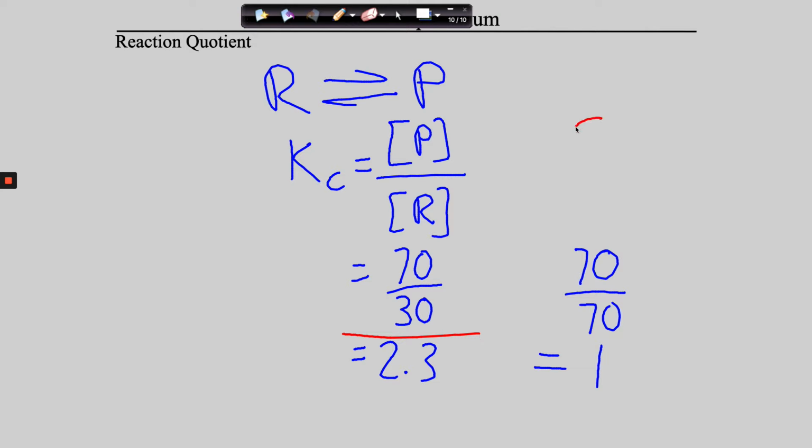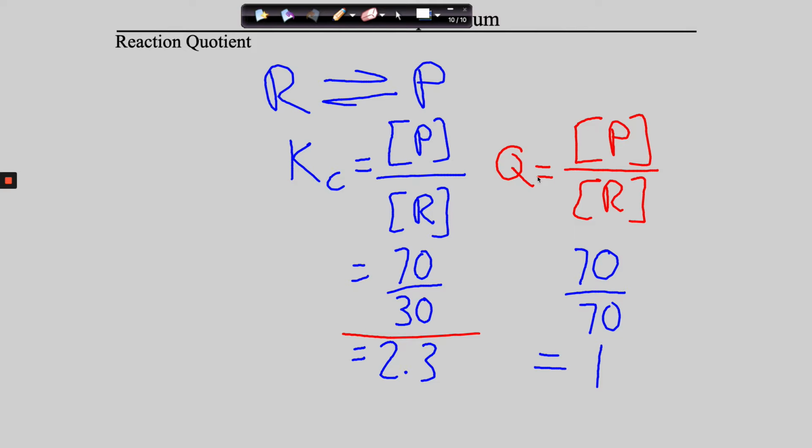Write this down with me. This is still products divided by reactants, but it's no longer called Kc. It's now called Q. So guys, please don't write this down. I'll give it to you in word form in a minute, but let's define it. What is Q? Q is Kc at non-equilibrium conditions.